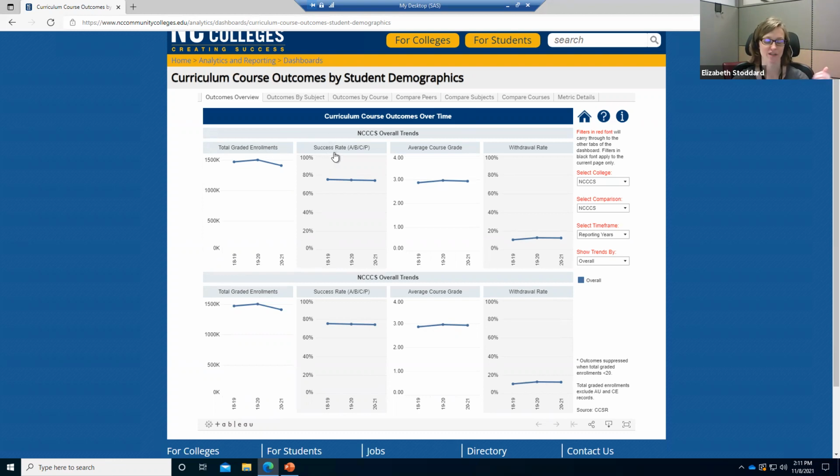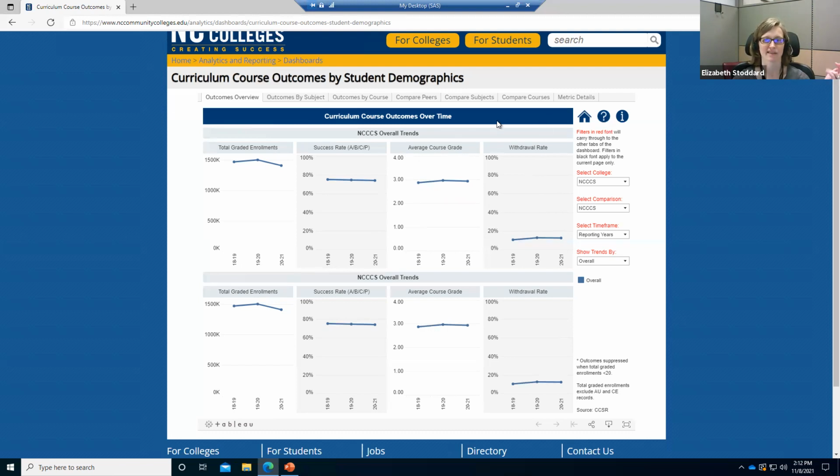Success rate is defined as grades of A, B, C, or P, divided by your denominator, which is the graded enrollments. So for our dashboard, success equals A, B, C, or P in a course. The average course grade is the GPA on a scale from 0 to 4, and then the withdrawal rate is the number of W's divided by the total enrollments.